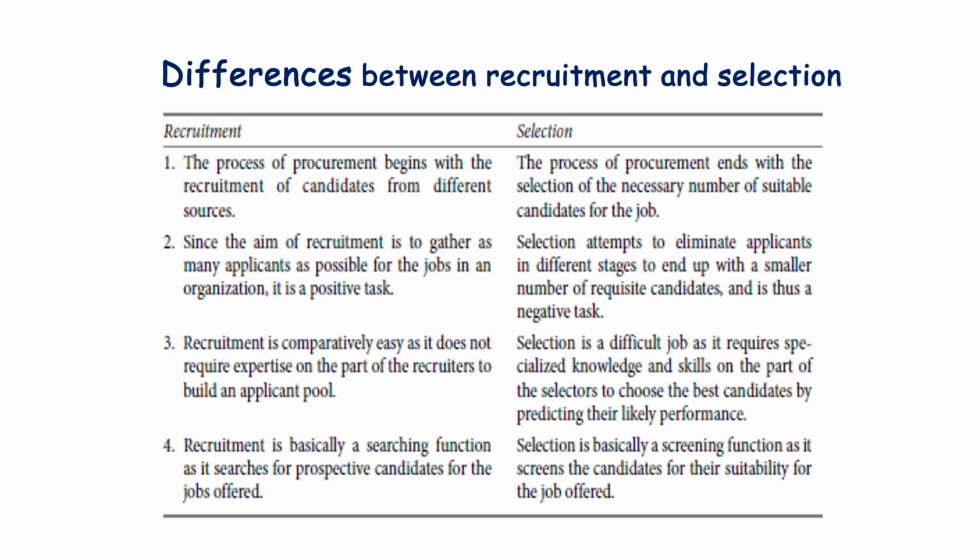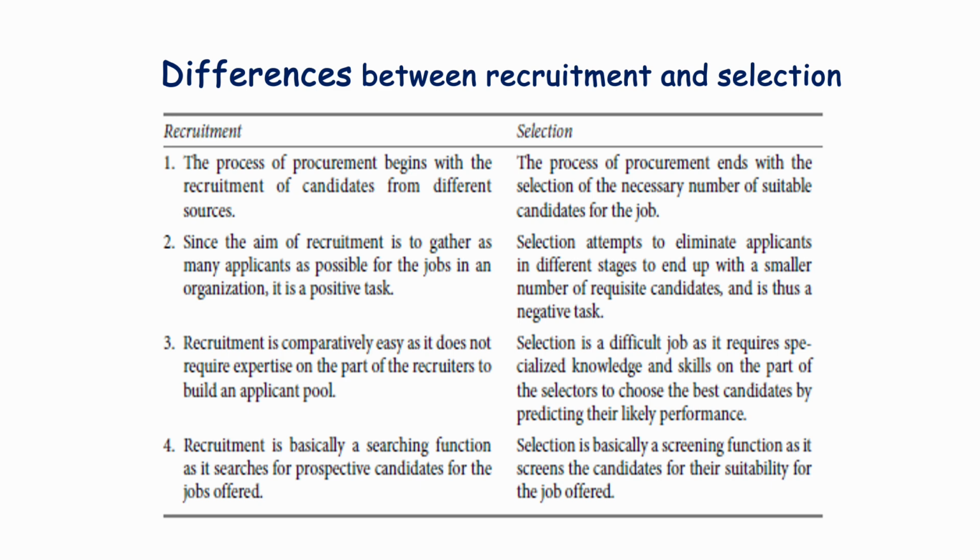Now, I told you about the difference between recruitment and selection. So look at the first point of recruitment. The process of procurement begins with the recruitment of candidates from different sources. This is called the process of procurement, because you're procuring, you are hiring. So it begins with the recruitment of candidates from different sources.